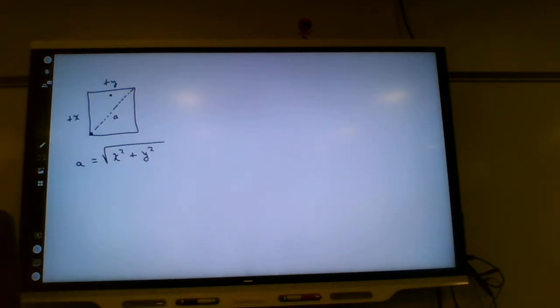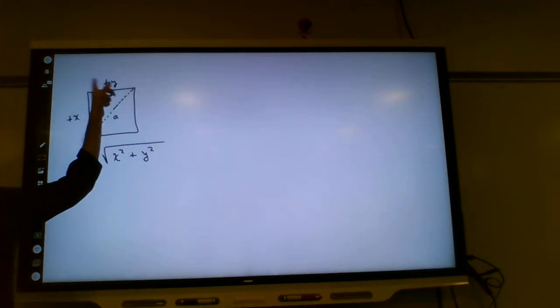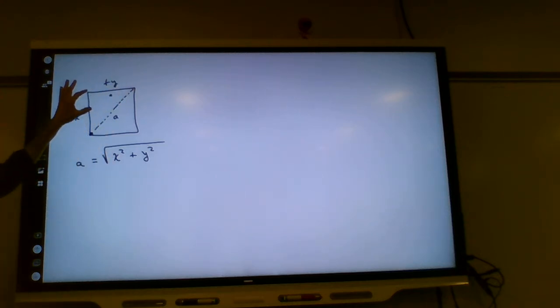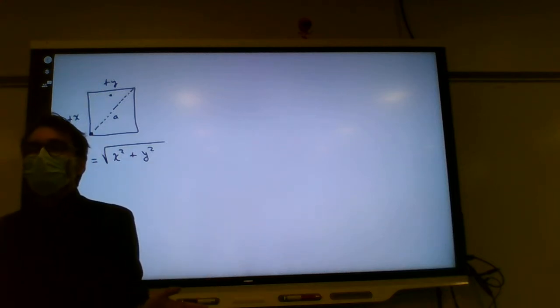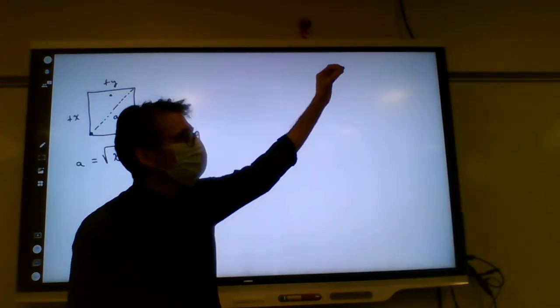The square root of whatever the x value was squared plus whatever the y value is squared. Again, assuming that this is actually a right triangle and the walls are square and all that. So that would be the length on the floor, but that's not what we want at all, is it? We want the length from the corners, right, the corner at the floor to the corner at the ceiling.